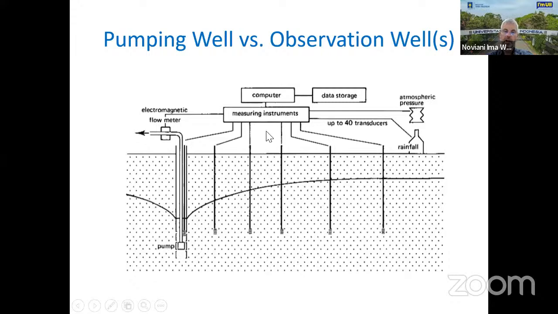So while doing so, you may also measure rainfall, atmospheric pressure. This is auxiliary information that you may need for making the greatest sense out of the data. But the bottom line is measuring drawdown. And again, this is the cone of depression at different distances from our pumping well. So you have one pumping well and several observation wells, ideally.